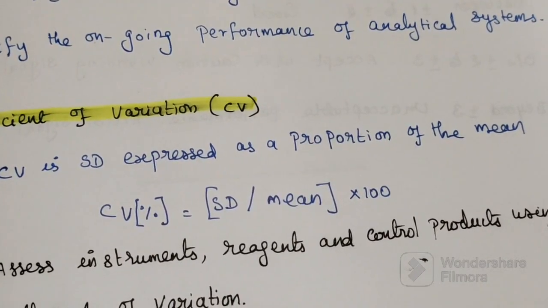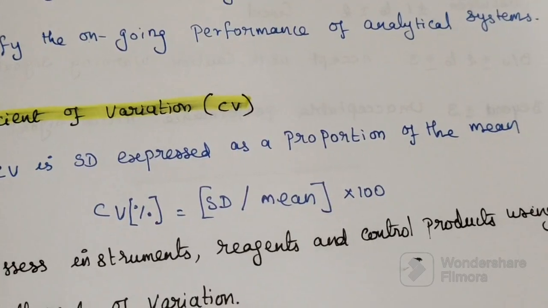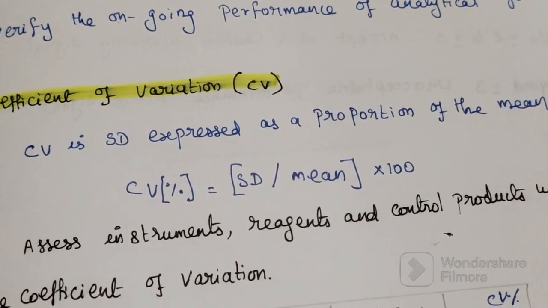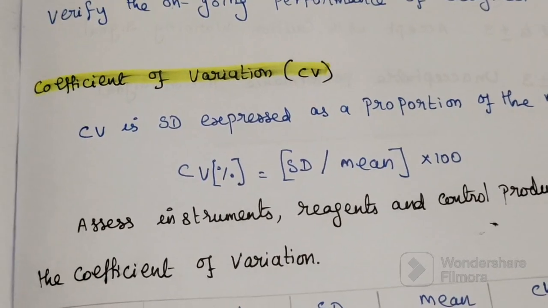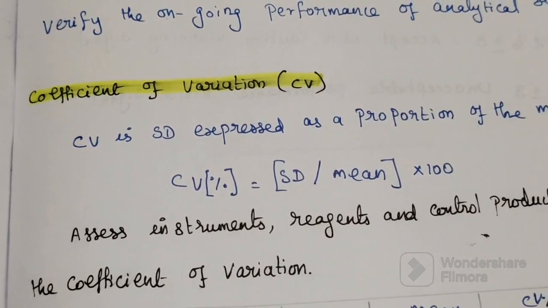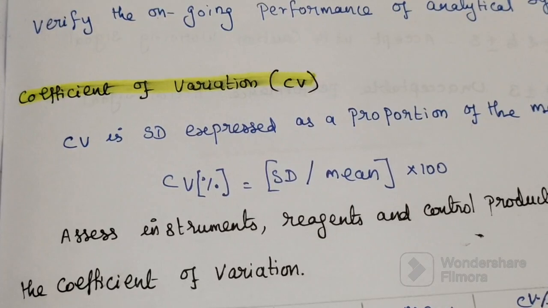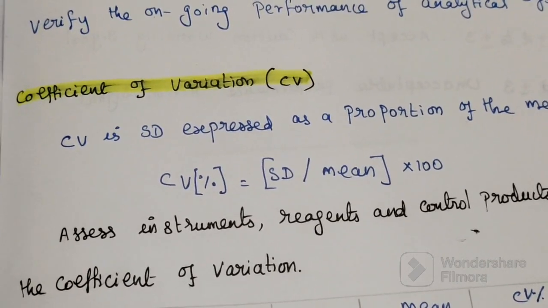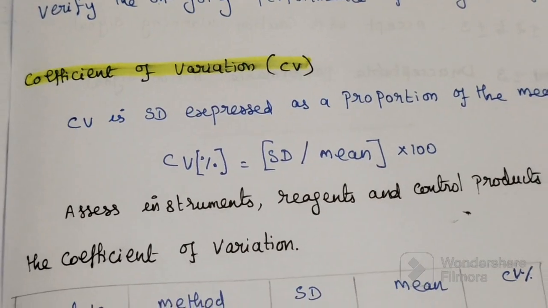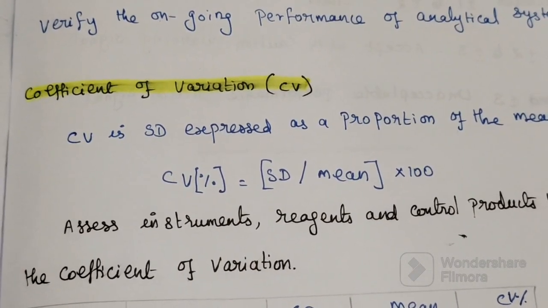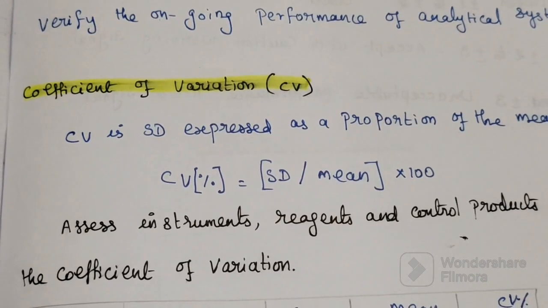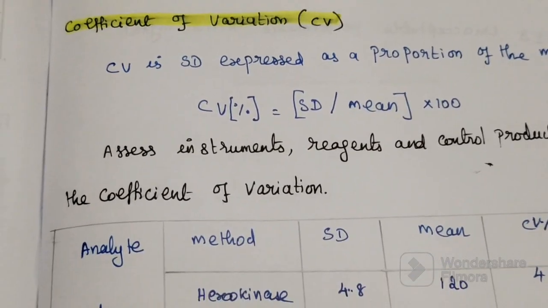Coefficient of variation percentage is equal to standard deviation divided by mean, multiplied by 100. The coefficient of variation is used to assess instrument, reagent and control product.